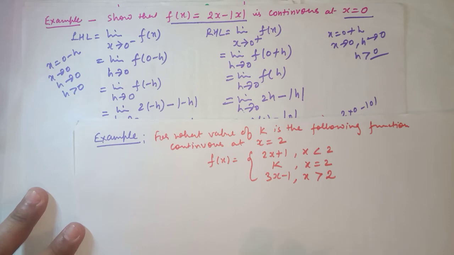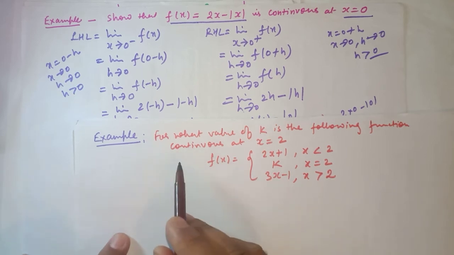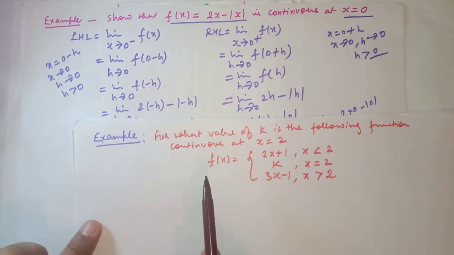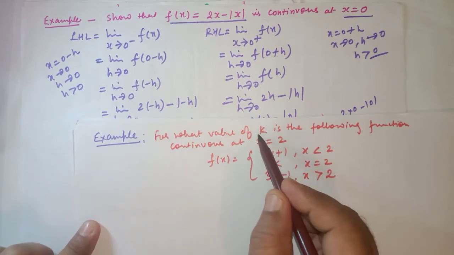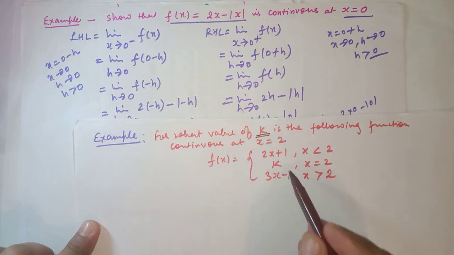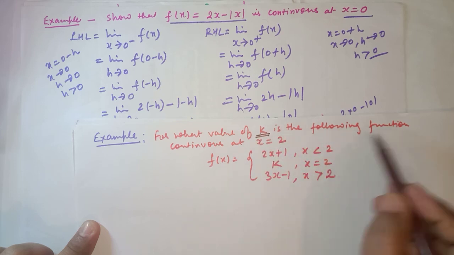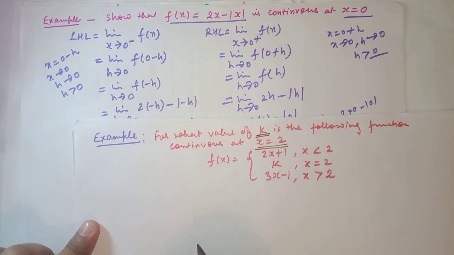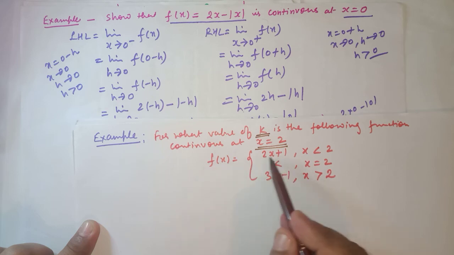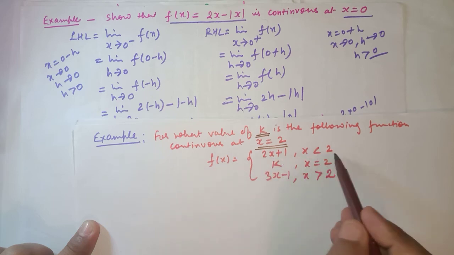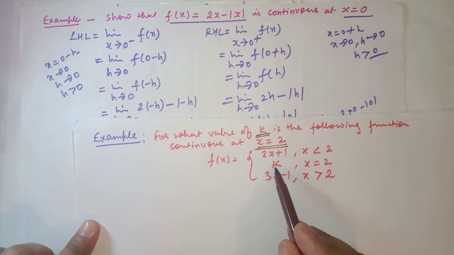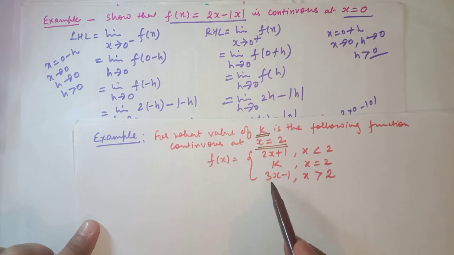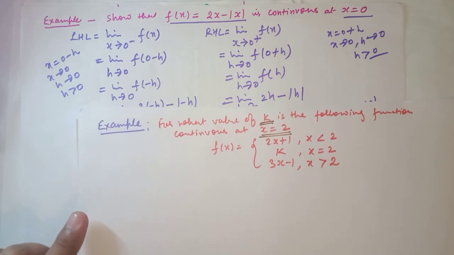So viewers, let us take one more example. Now this example is slightly different from the examples which we have just solved. For what value of k is the following function continuous at x equal to 2? Here we have to find the value of k. So here the point of consideration is x equal to 2, and the function is defined as 2x plus 1 for x less than 2, f of x is equal to k for x equal to 2, and 3x minus 1 for x greater than 2.